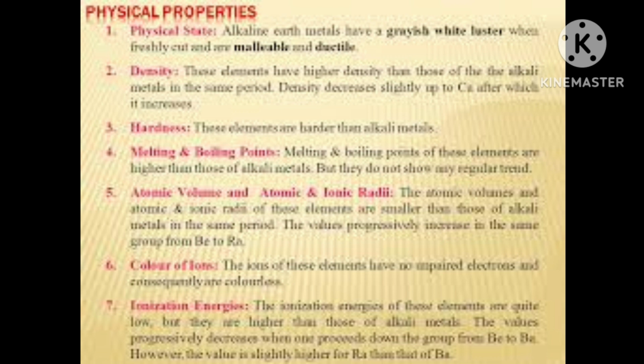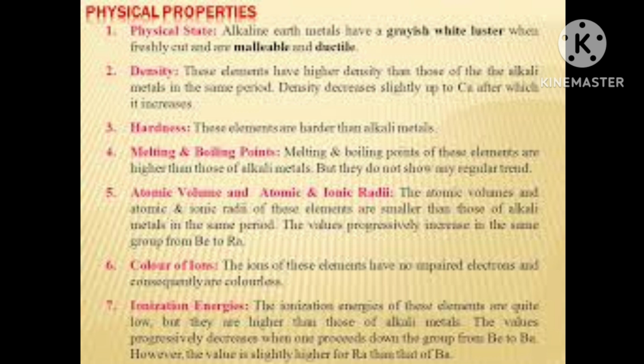And strontium is 384 ppm, parts per million, and barium is 390 parts per million, and radium is very less, 10 to the power minus 6 ppm, parts per million, very less.